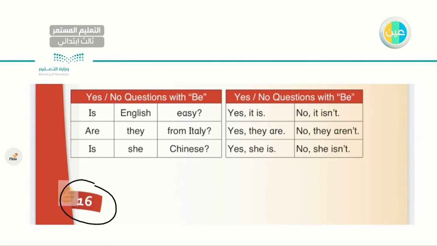Okay, let me give you an example. Is English easy? Is our language that we're learning easy? Is English easy, my dear student? Yes, it is. No, it's not, or no, it isn't. Let's go to the next one.